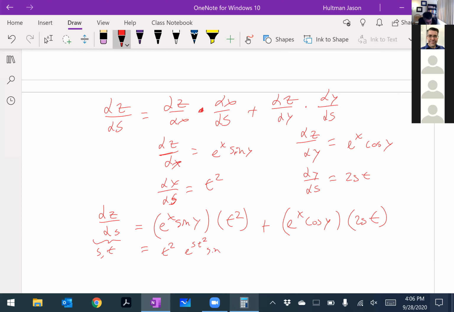What was y? y was s squared t. Okay, so we got that there. And then the next one, e to the x cosine y, same thing. I'm going to put the 2st in front, times e to the st squared times the cosine of s squared t. And so that is the partial of z with respect to s.